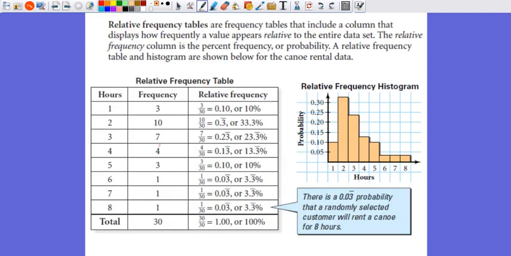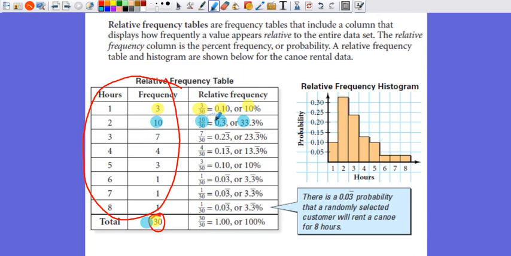So let's look at this right here. This was basically the chart from before. I just copied that from the previous slide, and then I added these numbers up to get the 30 here. Now watch this. 3 out of 30 is 0.1, which is 10%. 10 out of 30 is 0.3 repeating, or 33%.